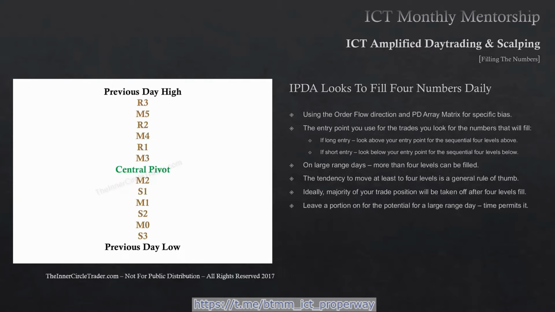So if we're looking at a position we're long in intraday, say we've gone long from London and we've already seen 4 pivots traded to on the upside, the bulk of your position, I'd say about 75 to 80% of your trade, should have been taken off in terms of profit, and leave a small portion, 25 to 30%, remaining to see if you get a much larger range day, because New York could see a much wilder condition where it continues and you may have already seen 4 levels traded to just inside of the London session.